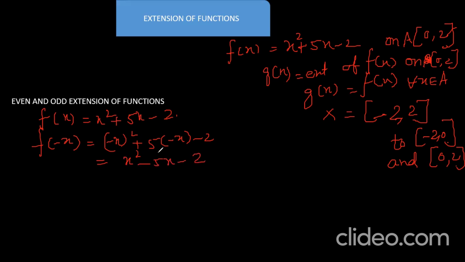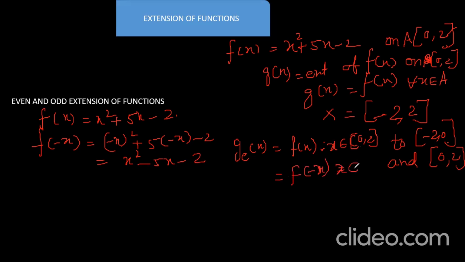So here you see, even and odd functions I am going to take. g even of x is equal to f of x such that x belongs to 0 comma 2, and similarly f of minus x, which implies x belongs to minus 2 comma 0.